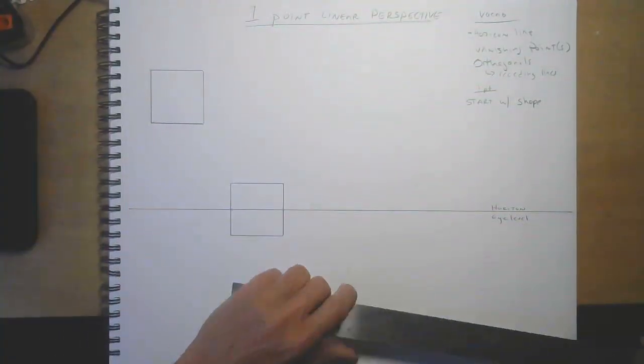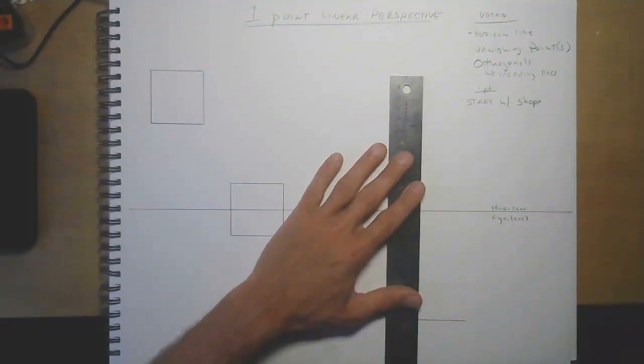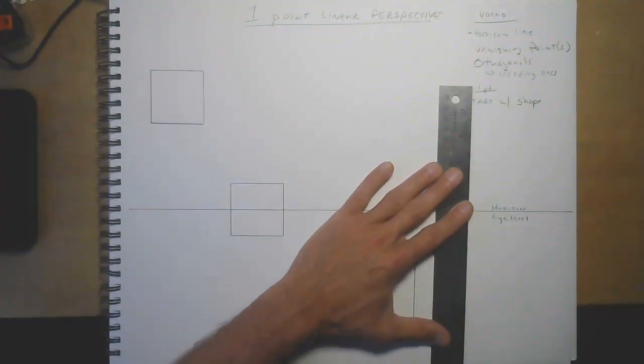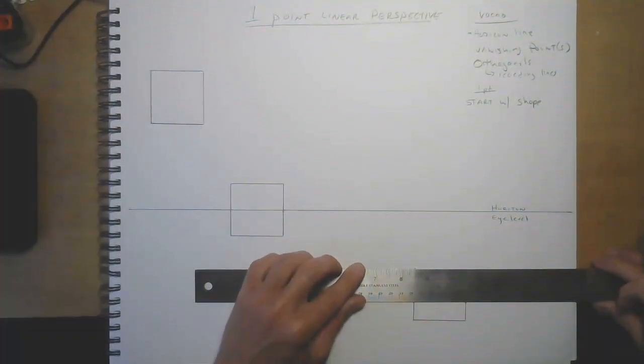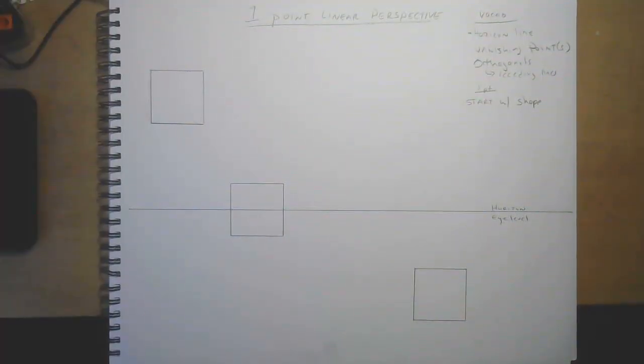And I'm going to do the one below over here to the right, so I can give you a little bit more info. Okay, so we have our 3 squares.